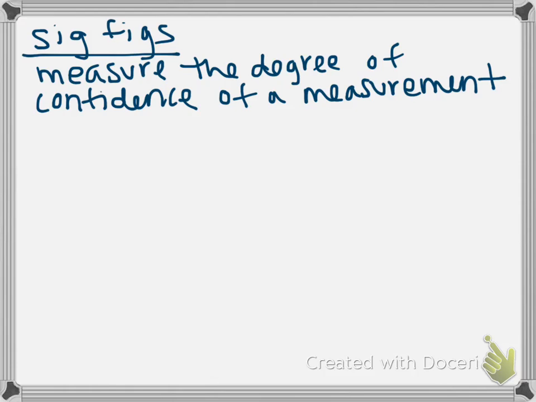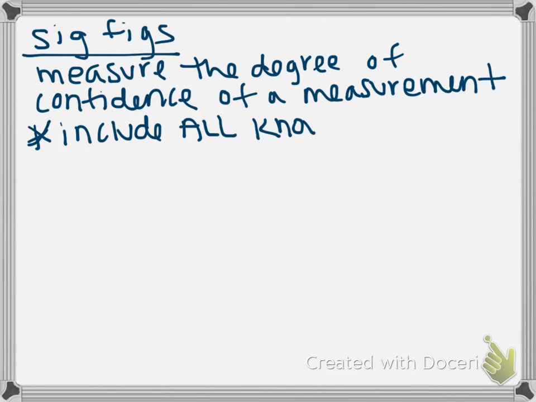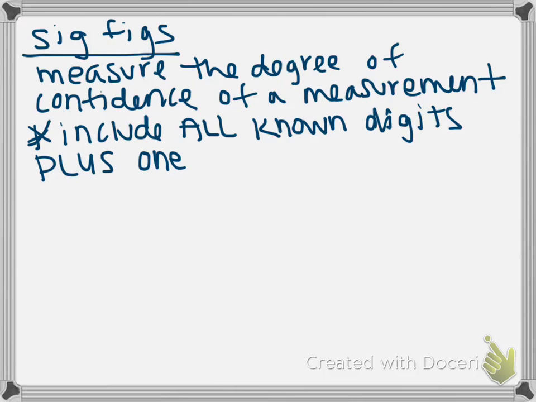And that means that whenever you make a measurement, whenever you're measuring length or mass or anything like that, you need to include all of the known digits plus one estimated digit.